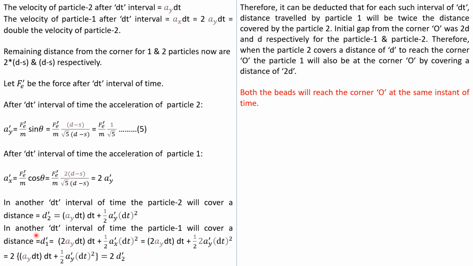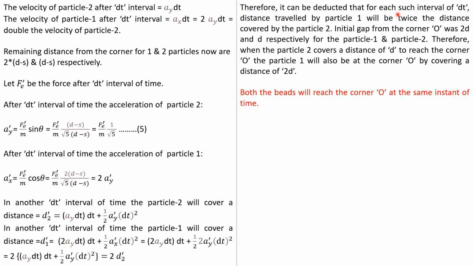Same way for particle 1, in another dt interval of time, it will cover a distance d1 prime, and we can write the initial velocity for that new location, which was 2 ay dt for particle 1. So 2 ay dt into dt plus half into ax prime dt square. And upon solving, we will get that d1 prime is equal to 2 into d subscript 2 prime.